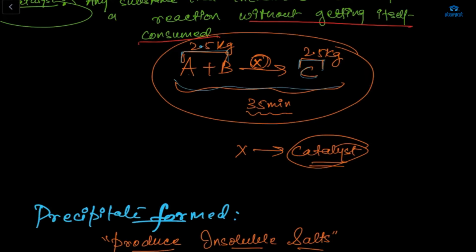But let's say there is this X, and with the help of X my reaction becomes fast. My reaction completes in 35 minutes, but with the help of X it will complete in only 10 or 15 minutes.